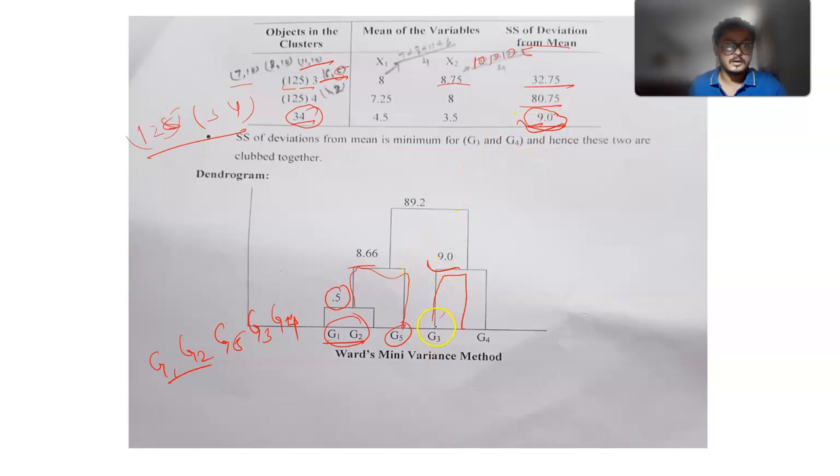With 3, 4 and 1 to 5, when we find the deviation value, it will be 89.2. So this value you can find. It will be the question for you how to find this value. Okay, thank you.